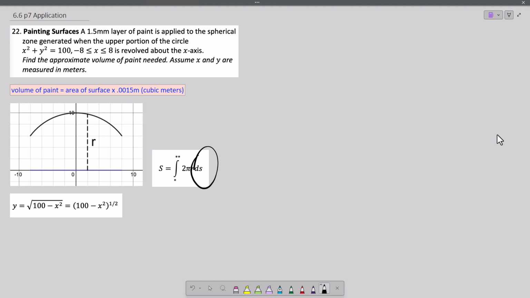It's either going to be the square root of 1 plus x prime squared or the square root of 1 plus y prime squared. In this case, is it going to be 1 plus x prime squared or 1 plus y prime squared that goes in that square root? Y prime squared, because we have a dx. So if we have a dx, we're going to write the function as a y value and take its derivative.